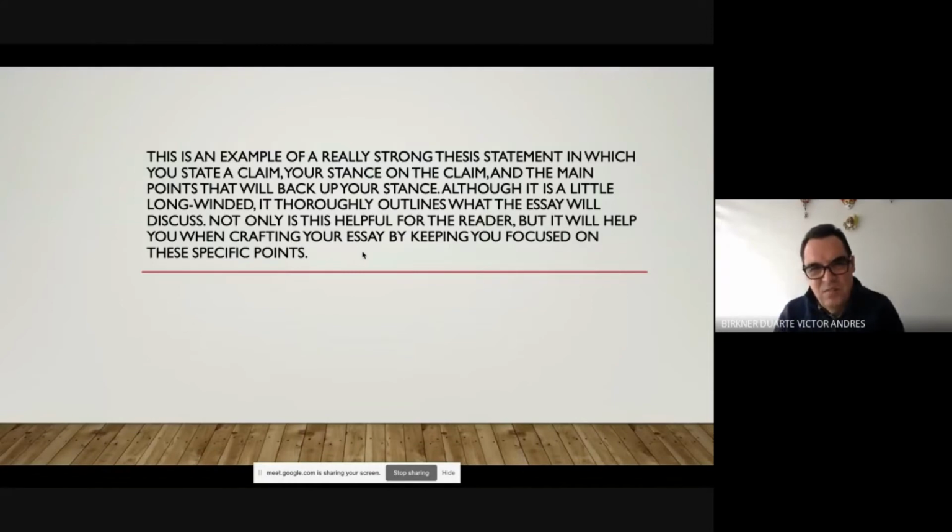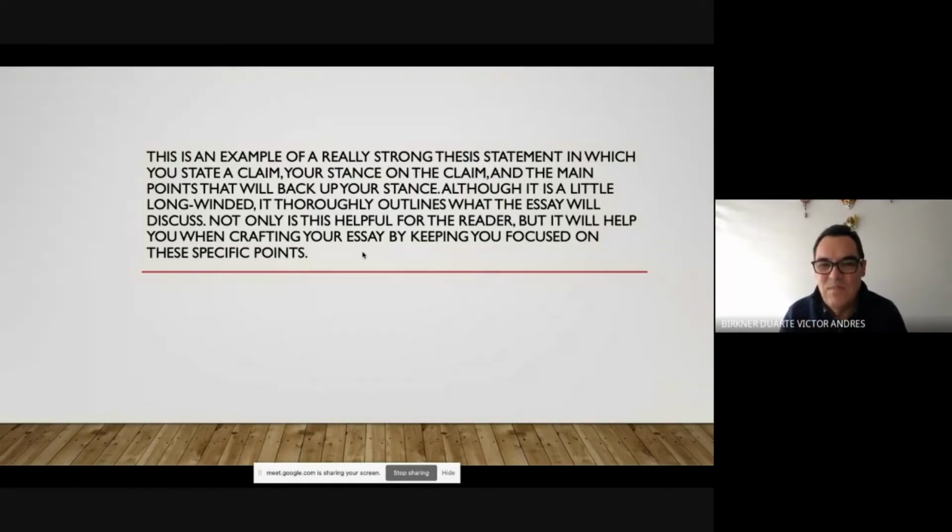What does this mean? It means that it is good for you, because if you use the roadmap strategy, you will see immediately that you are going to focus on three different aspects or five different aspects, and no more than that.